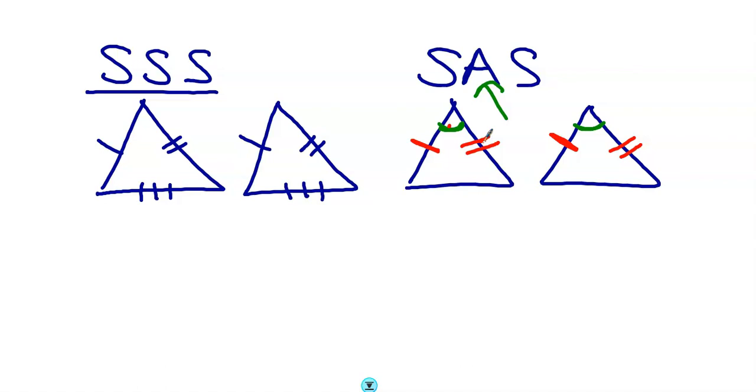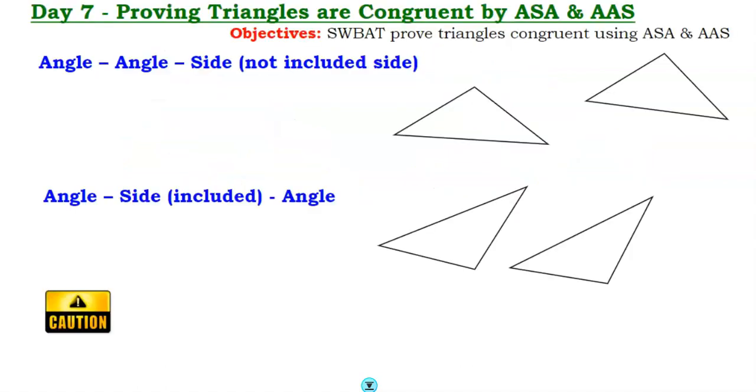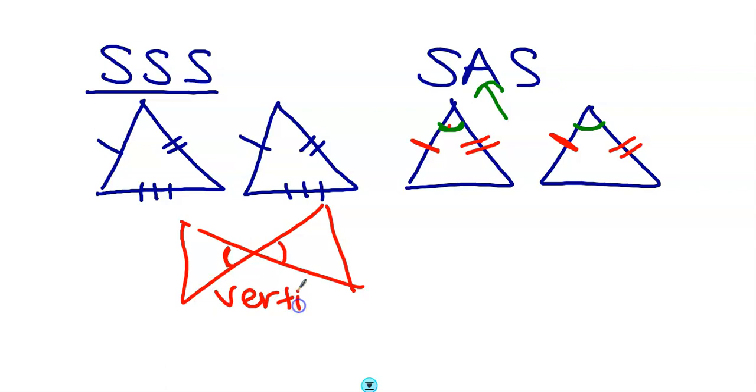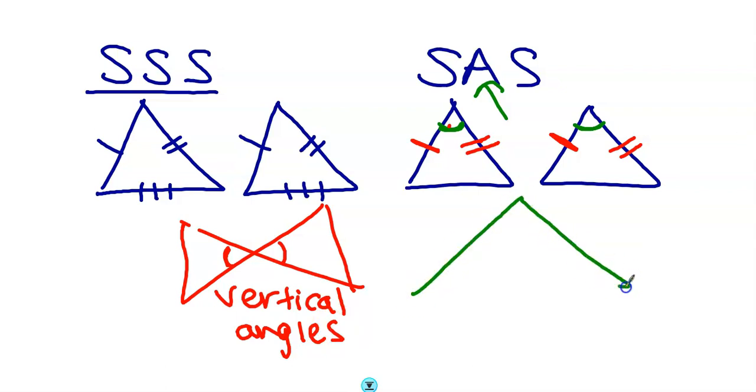And then the last one, things to keep in mind. So you can prove that these two angles are congruent based on vertical. They are vertical angles. You can also prove reflexive, meaning if triangles are touching, then you can say this side is the same as this side because it's the exact same thing.